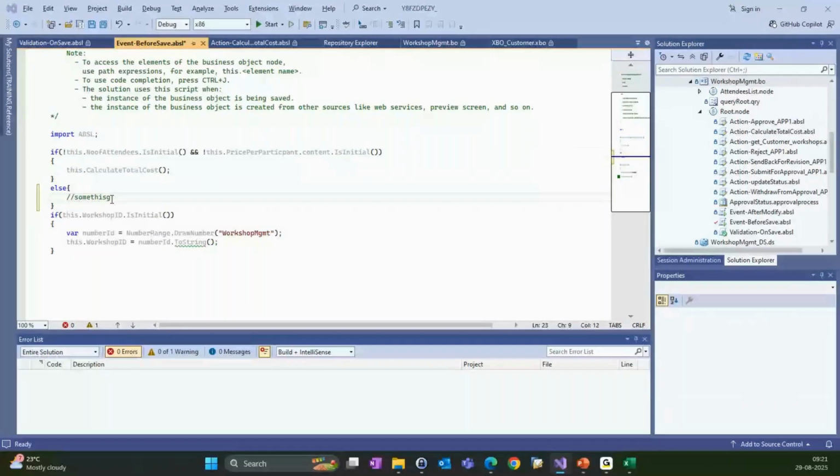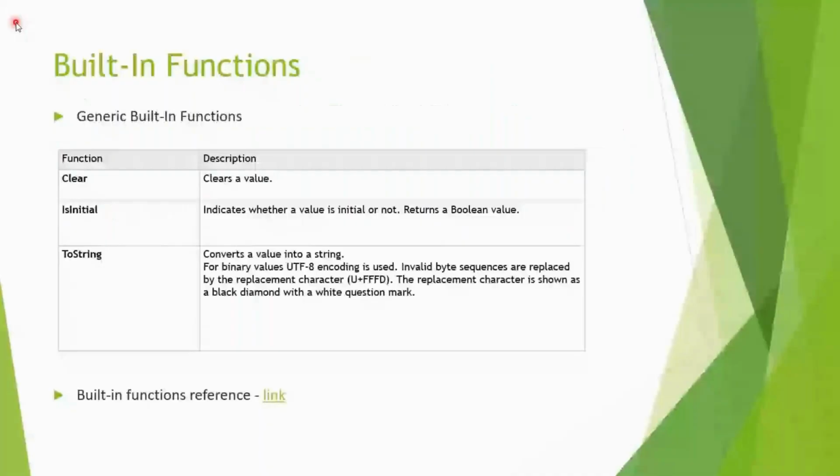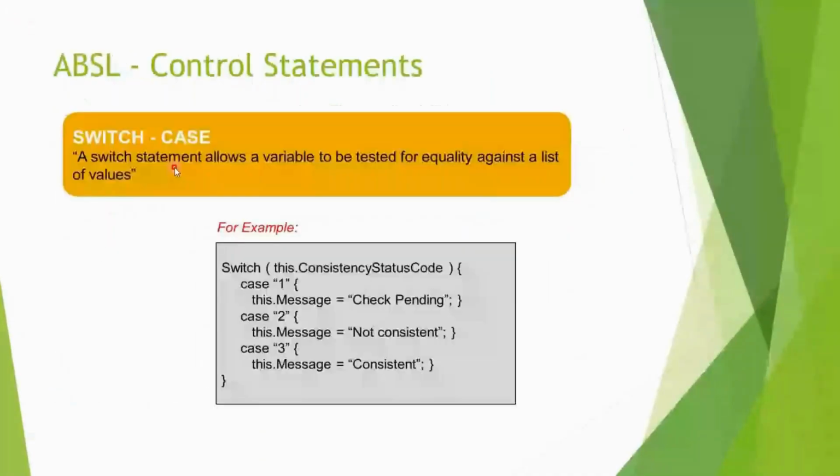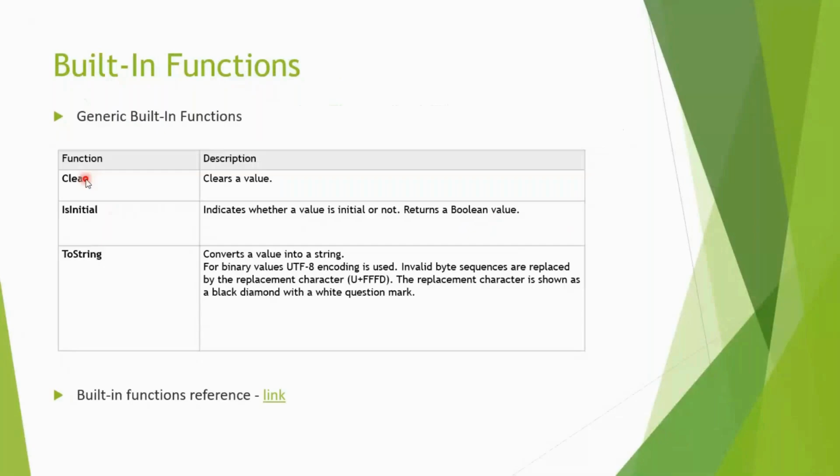And then, similar to the built-in generic libraries we saw, we have functions as well, like the clear function. If you want to clear the value of any field, we can use this. Here you can see this.workshopID.